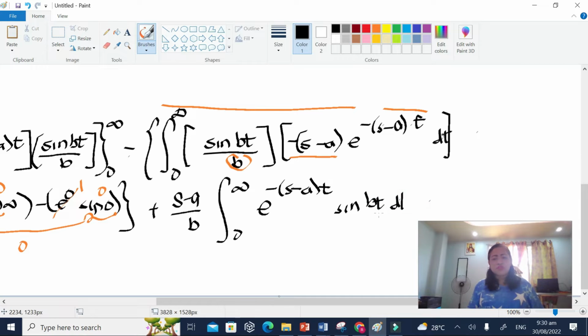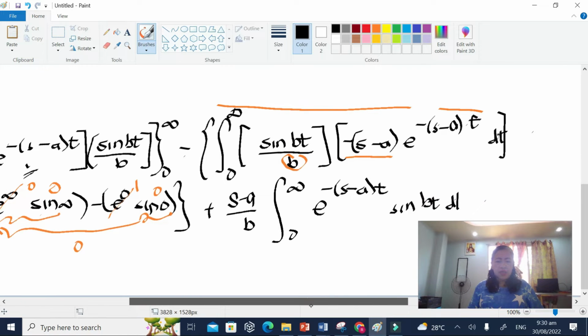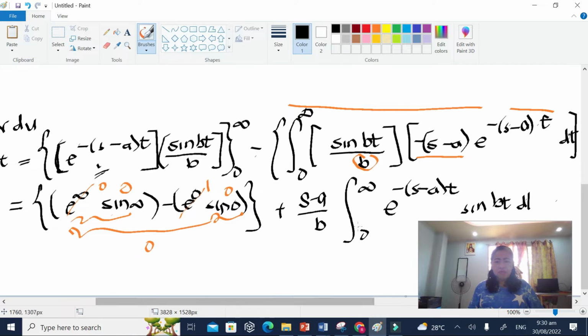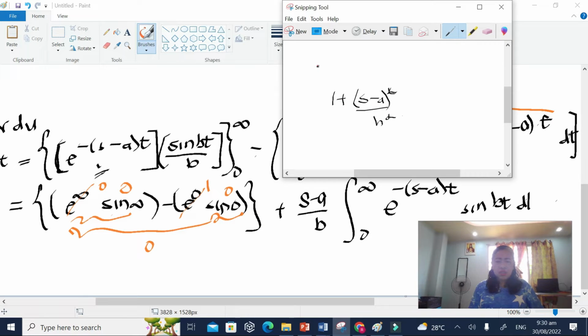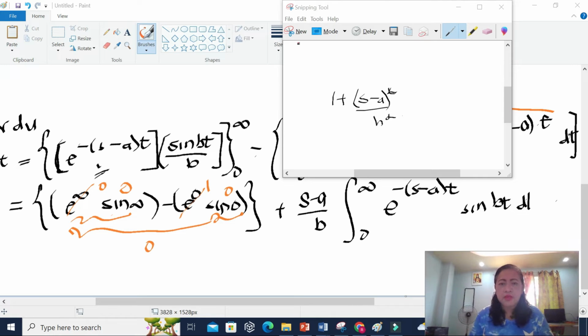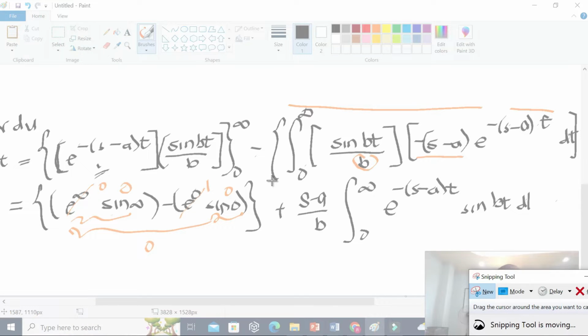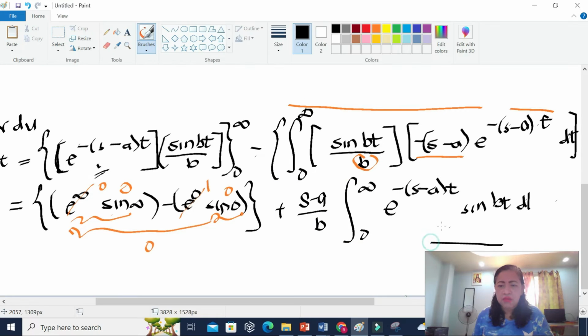This is what remains. So let us copy this one using the snipping tool. This is what remains.